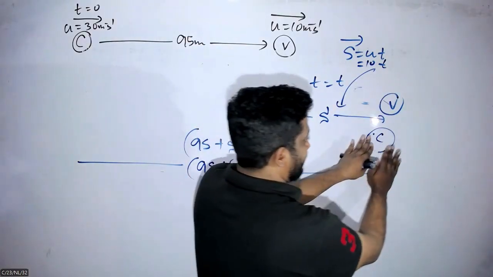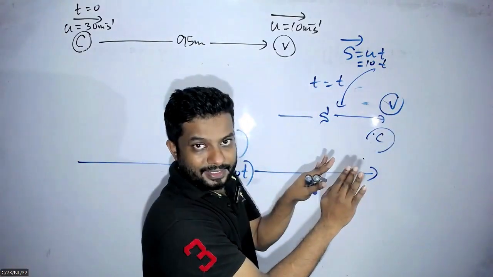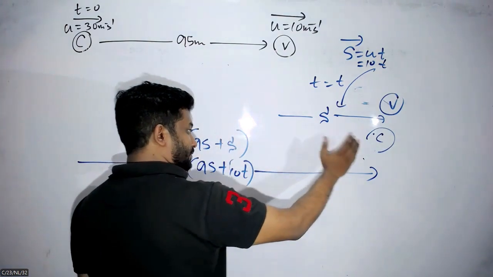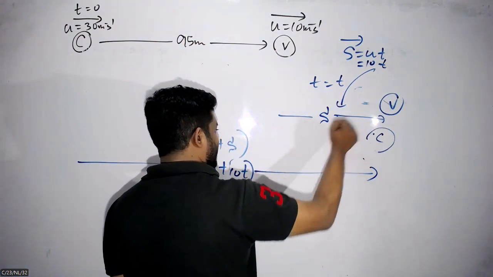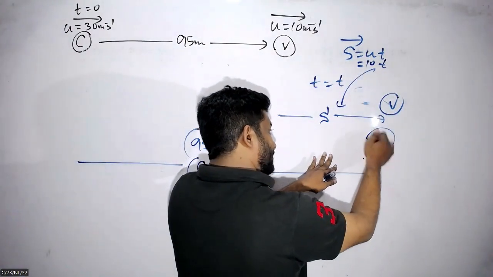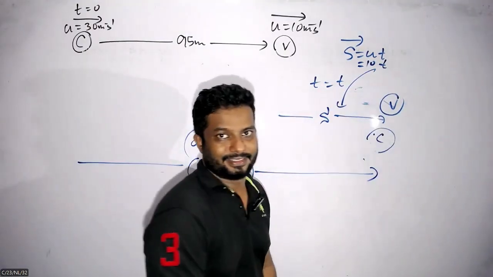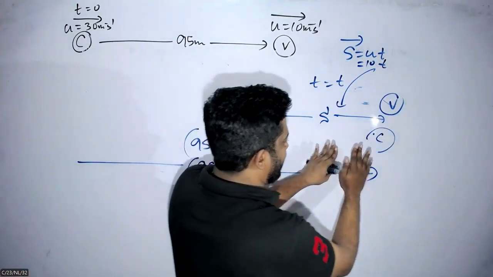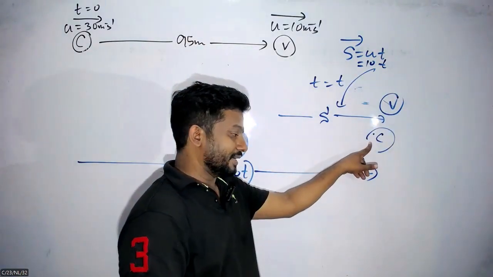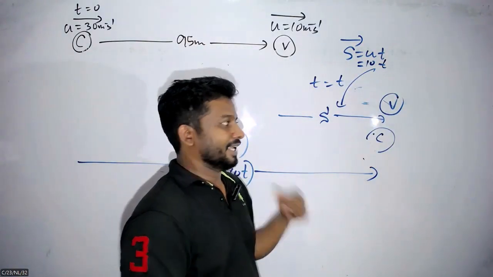It is not necessary for the velocity of this car to be equal to 0. It is just sufficient for it to be equal to the velocity of this vehicle. Then they can move together. This one is the main point of this question.